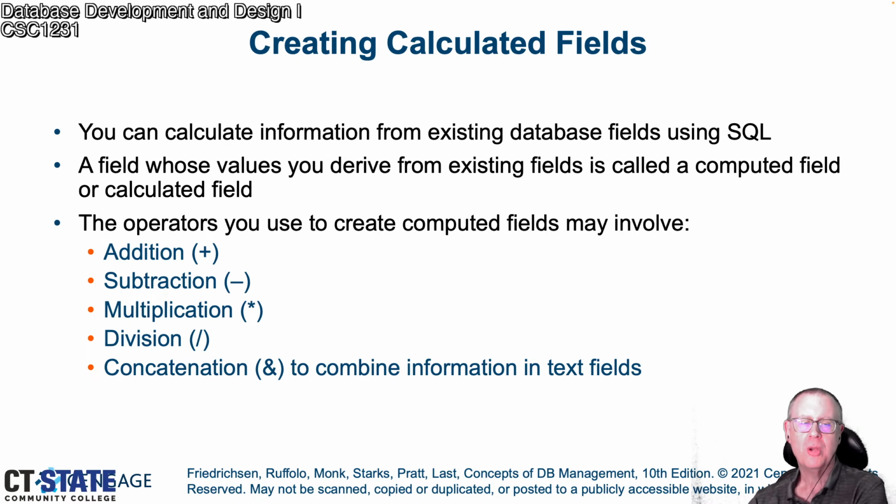One reason you might use concatenation is if you just want to show the person's full name, and the fields you have are their first name, middle initial, and last name. So you can concatenate those three together in order to get their full name as one thing.